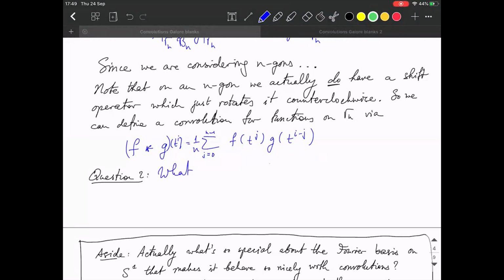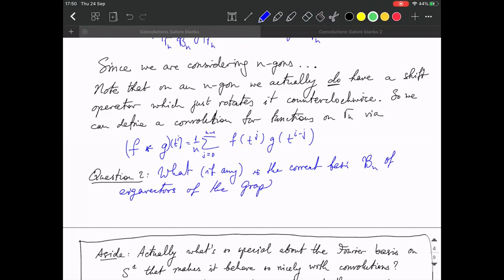So we still get the question, what, if any, is the correct basis Bn of eigenvectors of the graph Laplacian gamma n, such that the convolution defined using shifts is the same as the convolution defined using the spectral graph convolution.